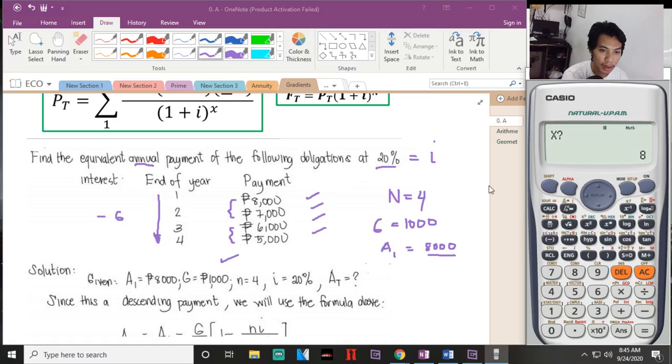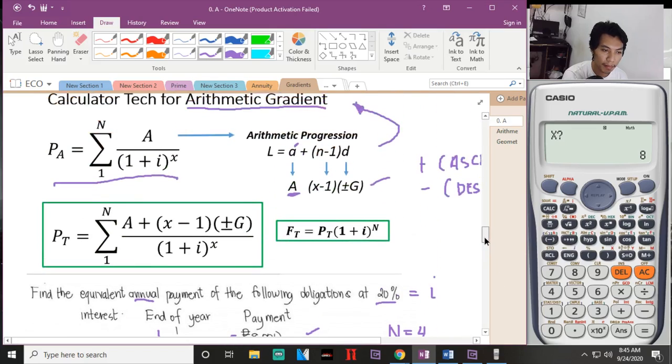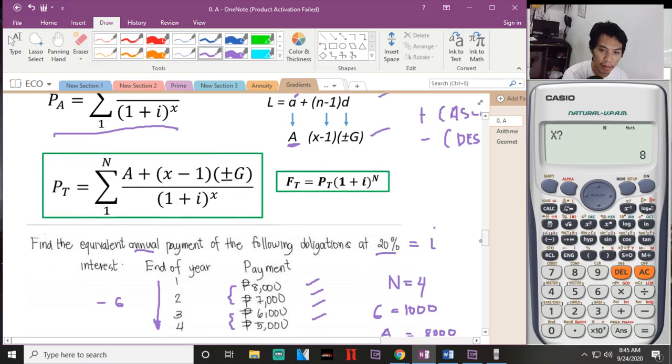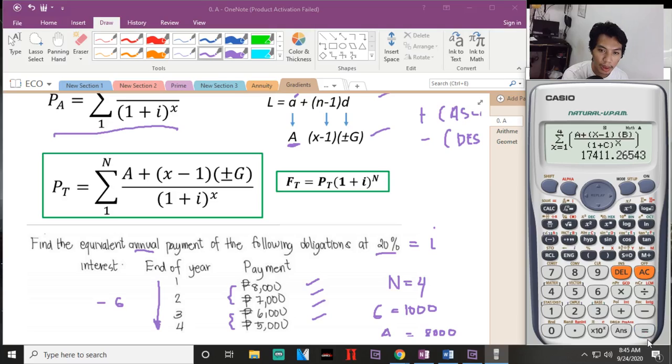As is yun. Balik natin dito. Si X as is, wag natin baguhin. Si B, the gradient, negative 1,000. Si C as is 0.2. You calculate. Tignan nga natin kung tumama.